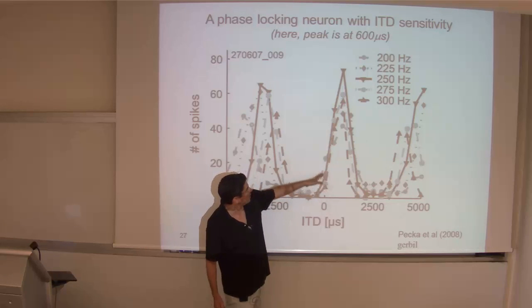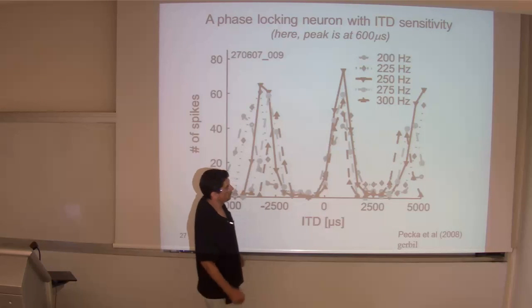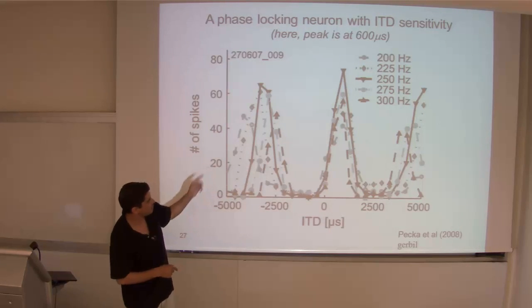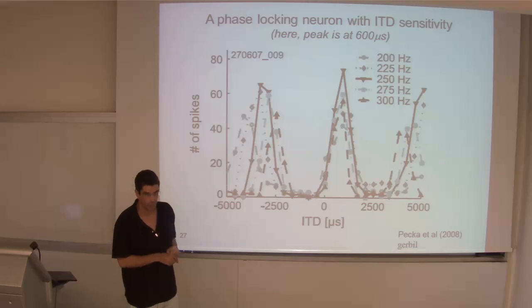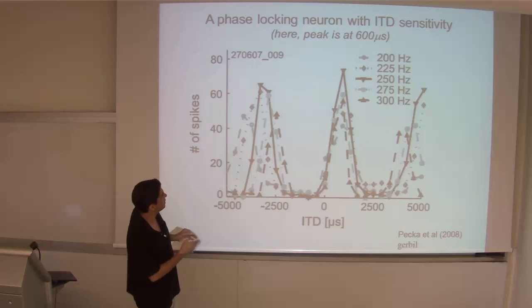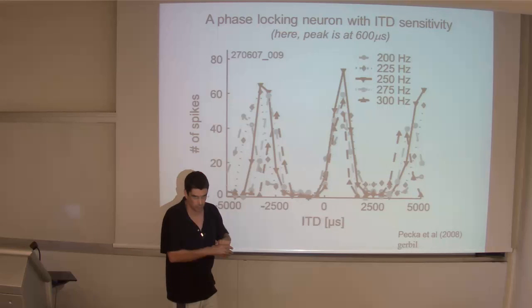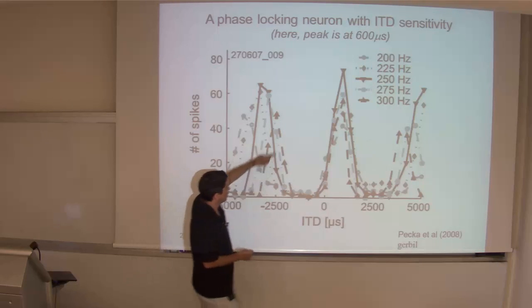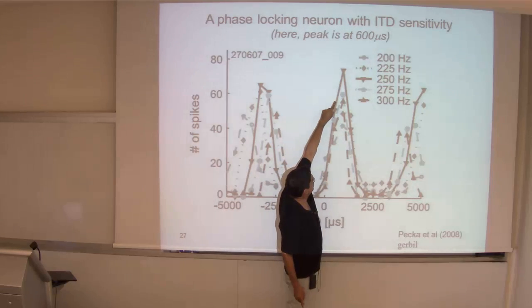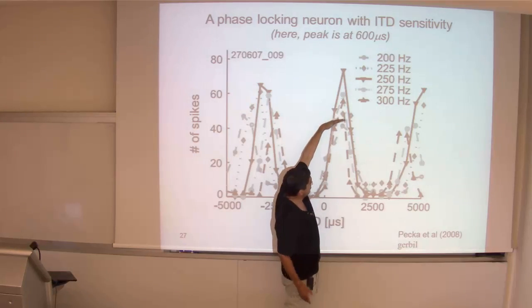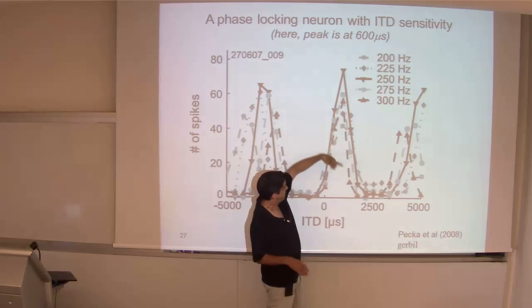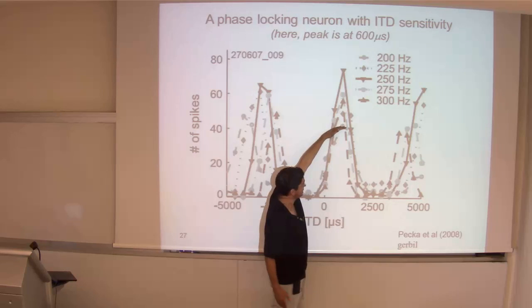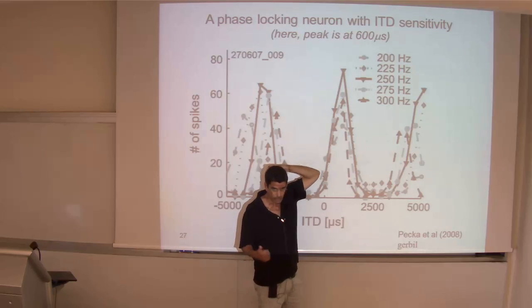This is a given neuron recorded at different intensities. You can see that it's tuned best to 250 hertz and has an ITD, in this case, of 600 microseconds. Okay, so you see that because it's tuned to 250 hertz, if we go beyond the best frequency of the cell, we will get generally less and less activation on one hand.